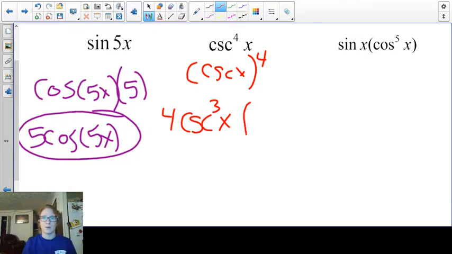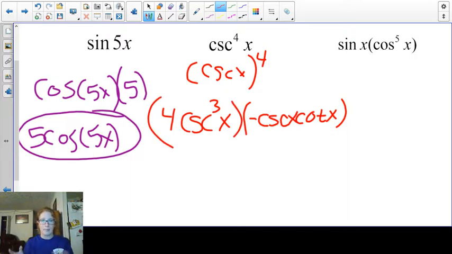Now what I need to do is take the derivative of the cosecant. Is it cosecant itself, or is it a squared one? Good, it's itself with a buddy, and it's negative. So I have negative cosecant x, cotangent x. And that's all being multiplied together, because there's parentheses around this big guy too.